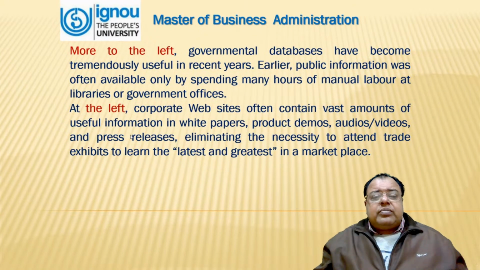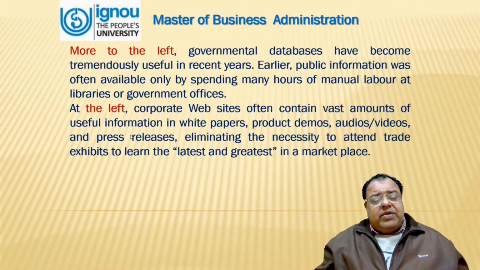More to the left, the government databases have become tremendously useful in recent years. Earlier, public information was often available only by spending many hours of manual labor at libraries or government offices.